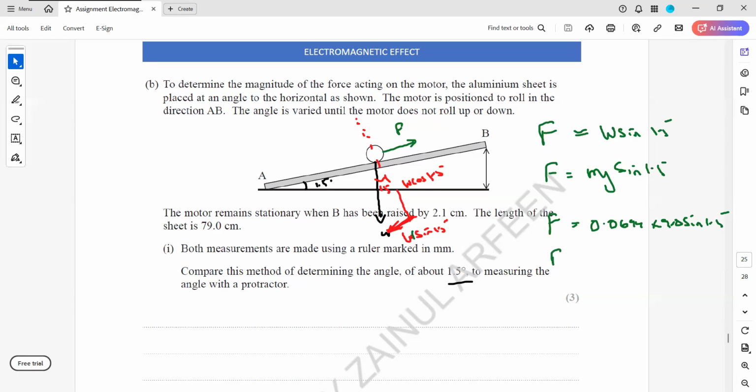So what about the force? The force will be equal to 0.0178 Newton. Is it clear how we worked out the force? Because it was stationary, the resultant force is zero. So the force which is pushing it to the opposite side, from A to B, balances with the component of the weight. That's why it is stationary.